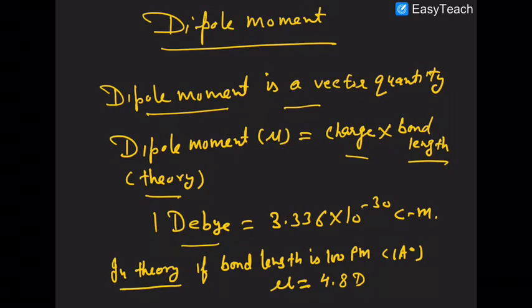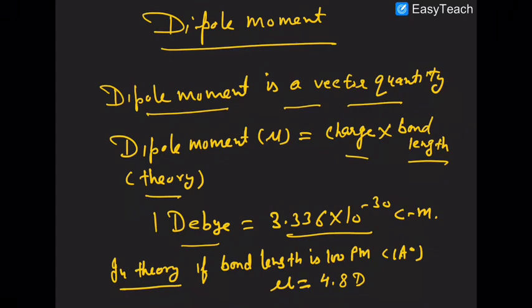Because dipole moment is a vector quantity. So how would you calculate that? Multiply charge into bond length, whatever the answer comes out to be, divide by 3.336 into 10 power minus 30, and you will get the answer converted into D.